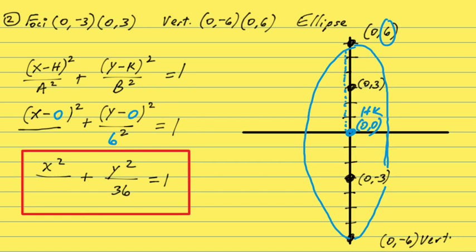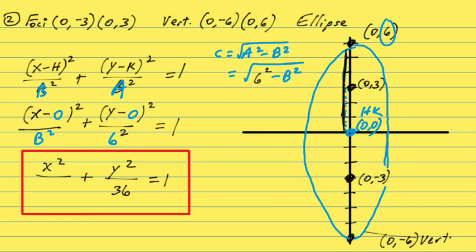Now, how can I find b squared? Technically this is b squared and this is a squared over here because it's a longer axis. So c is the square root of a squared minus b squared. I'm trying to find b squared, right? What is a's length here? It would be 6, right?